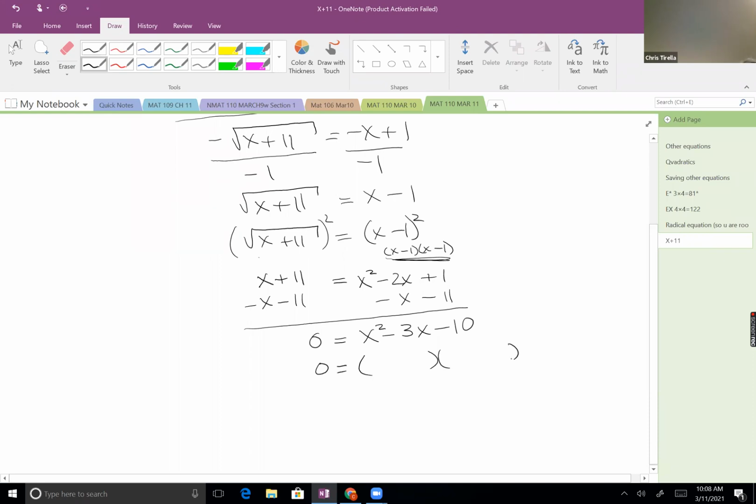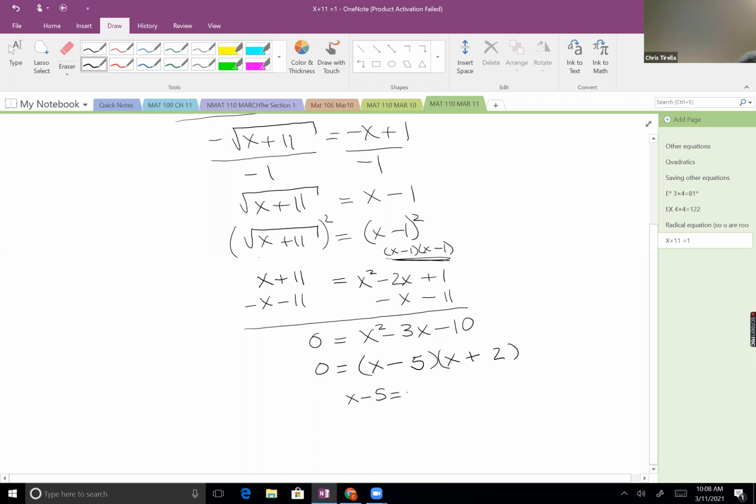If you don't like factoring at this stage of the game, you could still use your quadratic formula. But I'm going to factor: x squared is x times x. For that 10, I'm going to use 5 times 2. The signs are different. If I make the 5 negative and the 2 positive, it'll give me that minus 3 in the middle.